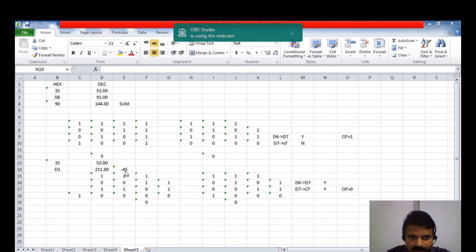D3H represents 211 in unsigned arithmetic, but here we are dealing with signed arithmetic and our overflow flag is related to that. So in signed arithmetic, D3H represents minus 45. See, 53 plus minus 45 is 8. So there is no overflow. It is within our range, minus 128 to plus 127, so this flag will not set.